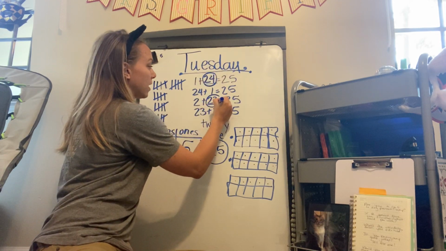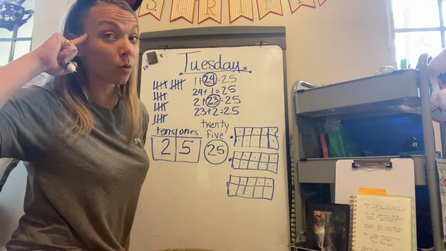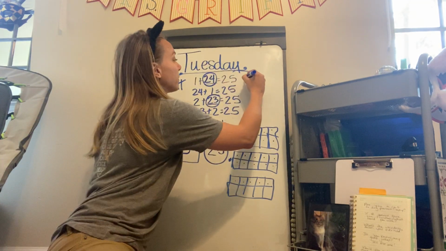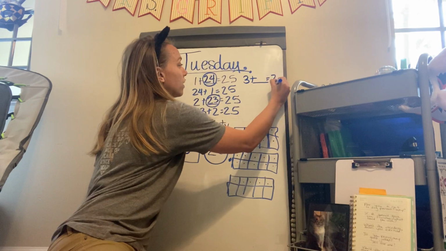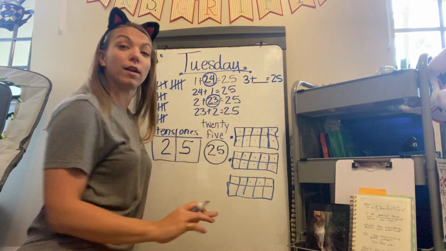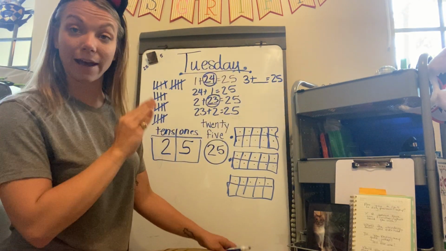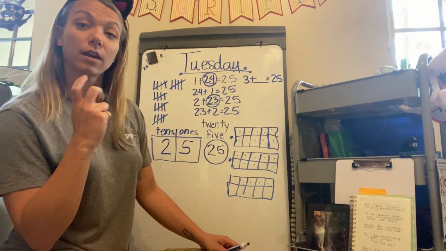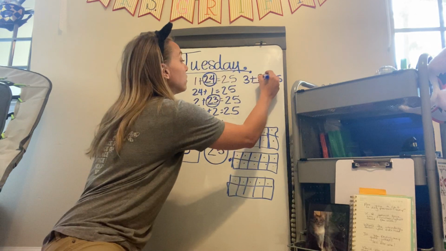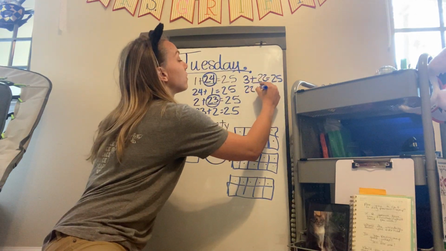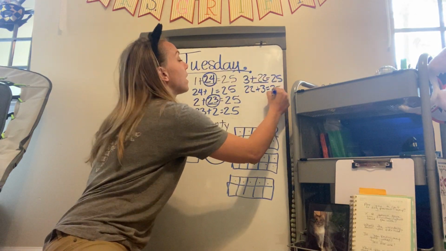I see 23, which makes me start wondering, what is my problem going to be when I have 3's? 3 plus what equals 25? 25, count back. 24, 23, 22. 22 plus 3 equals 25.